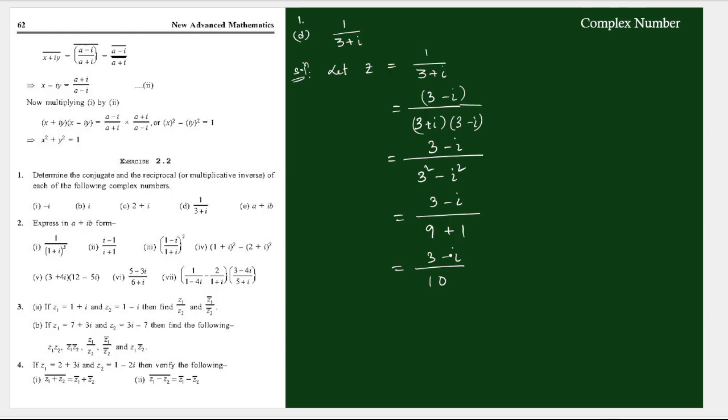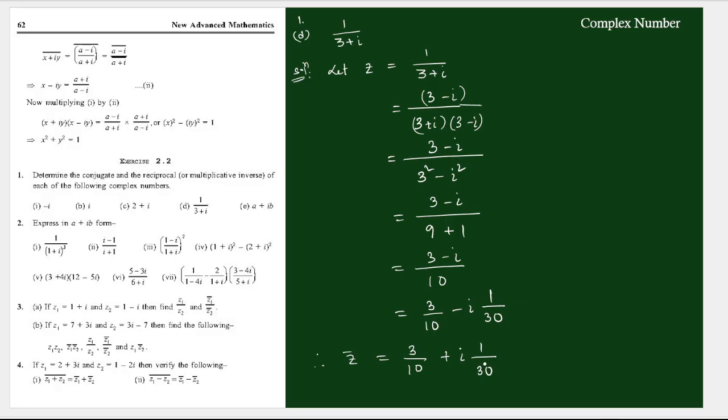So 3 minus i, and now the real part and imaginary part. So therefore the conjugate will be 3 by 10 plus 1 by 10, right?